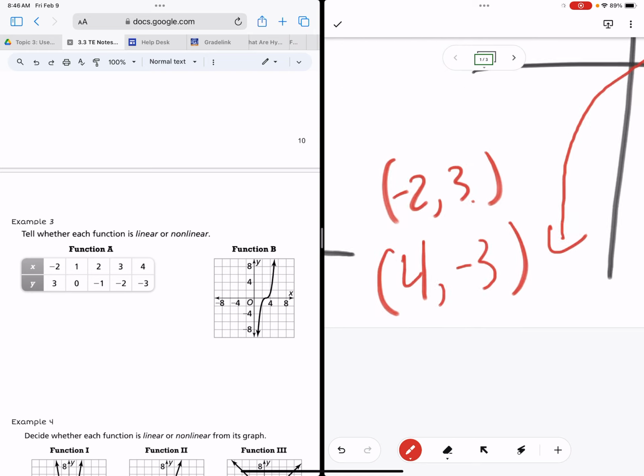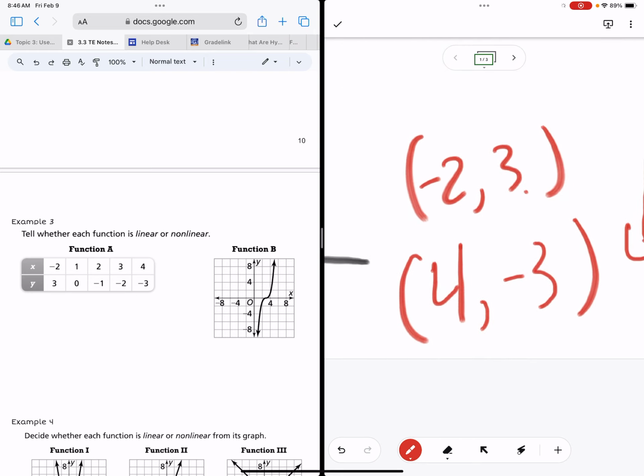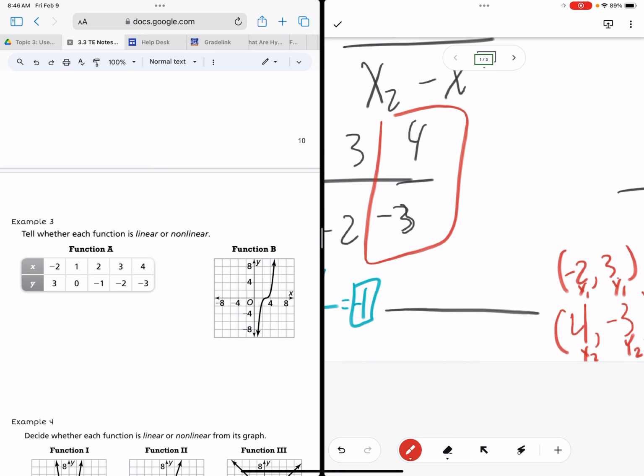All right, which one do you want to make your 1s? Which one do you want to make your 2s? The bottom one, 2s, x, y, 2. This is x, y, 1. All right, so that's going to look like negative 3 minus 3. And then you're going to get 4 minus negative 2. So, Sam, what does that reduce down to?